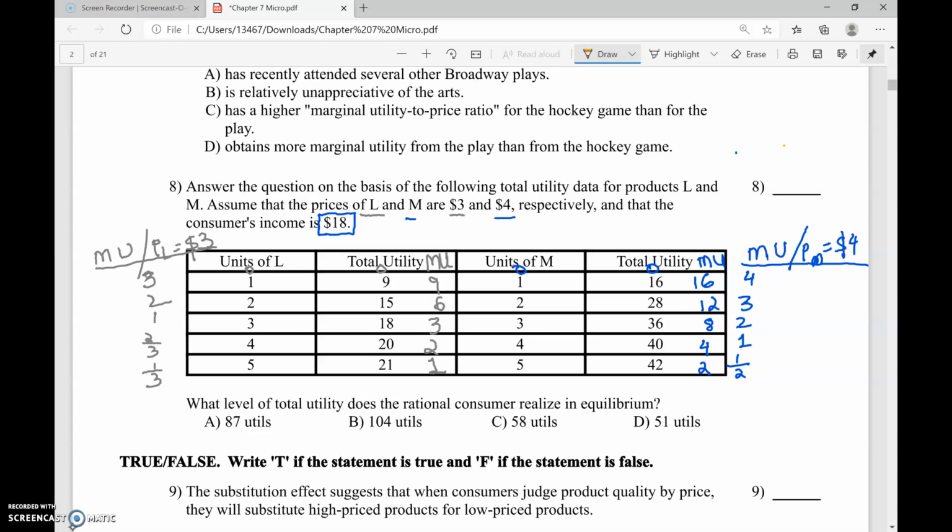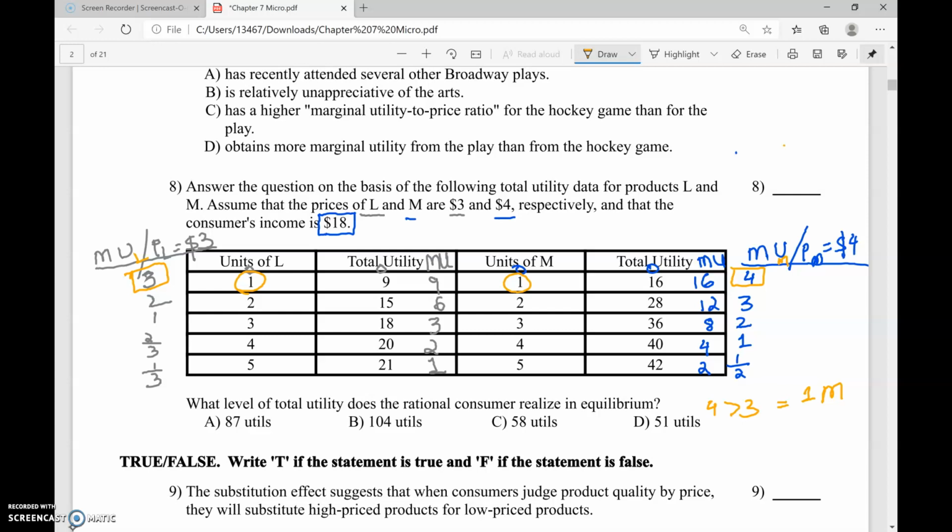That means marginal utility of L over price of L and marginal utility of M over the price of M. Look at the first unit here, first unit of L and the first unit of M. Because 4 is greater than 3, that means this ratio for the first unit of L is greater than the ratio for the first unit of M. The consumer is going to buy 1 unit of this good, which is M.